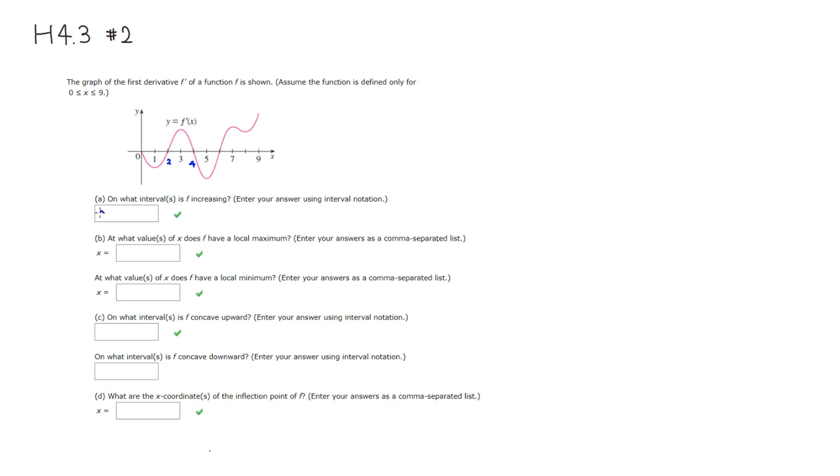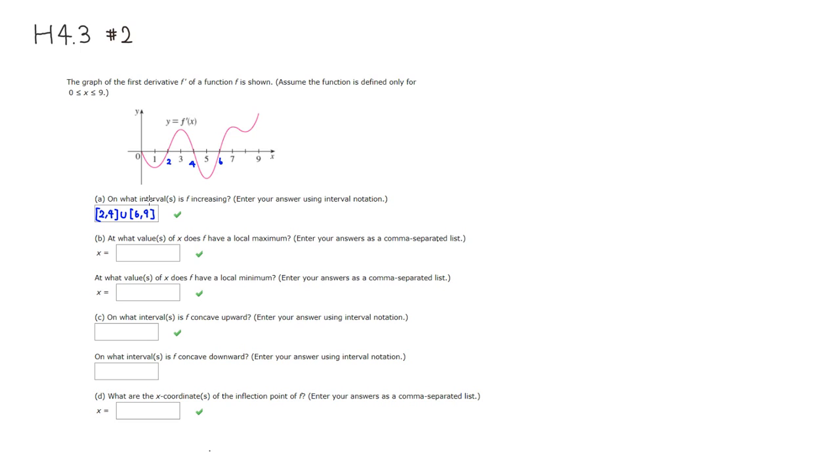So I would say 2 to 4. And what else? Let's see, from 6 to 9, the graph of f prime is above the x-axis. So we'll take that.